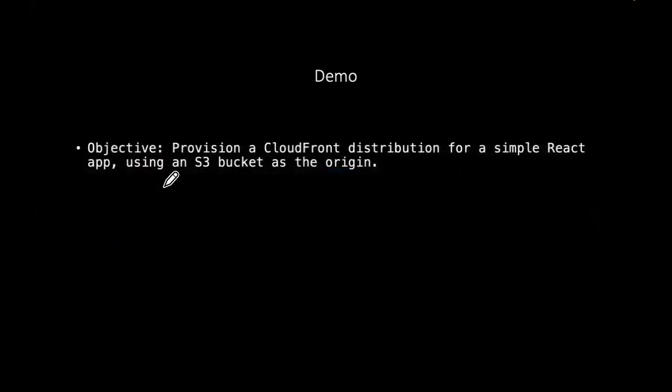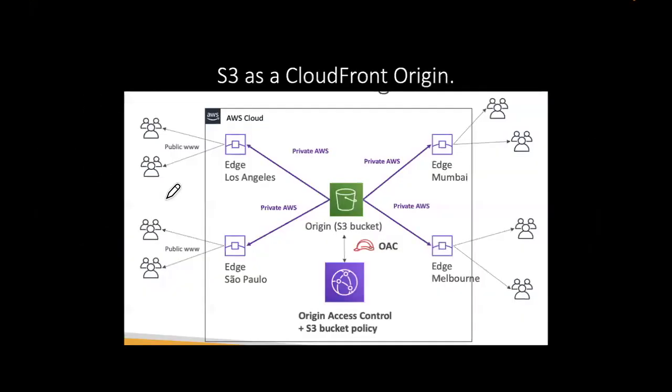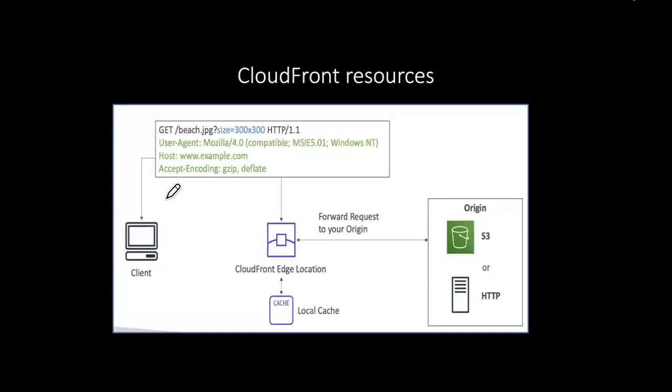I know I talked my way through it, but just to be sure, in my browser, I inputted the URL of my distribution. That caused the internet, let's call it, to eventually route that request to whatever the geographically closest edge location server is to me.